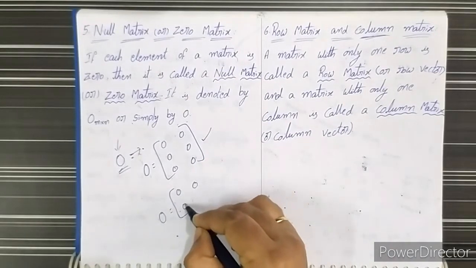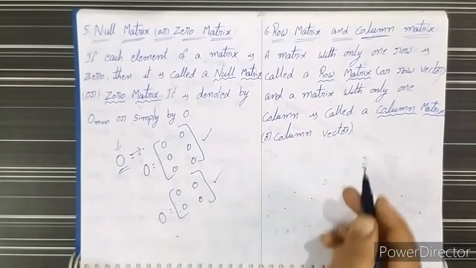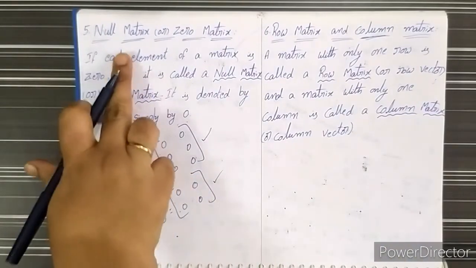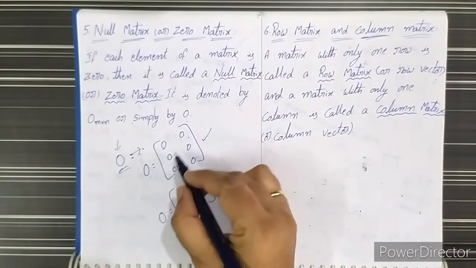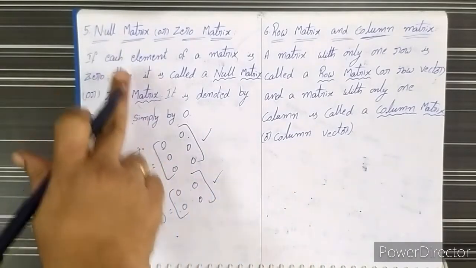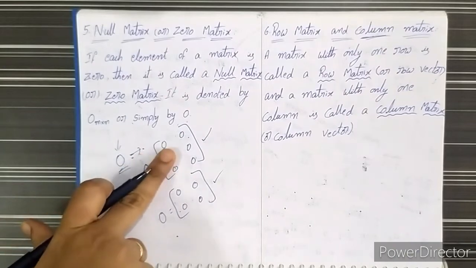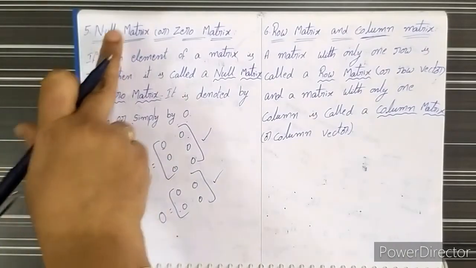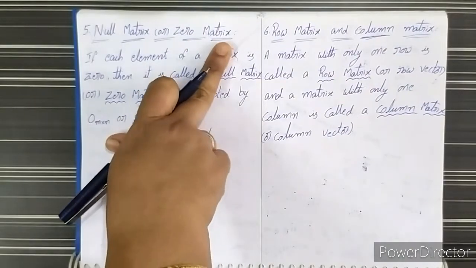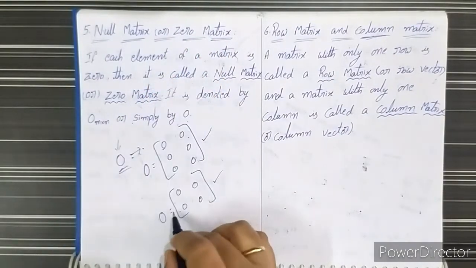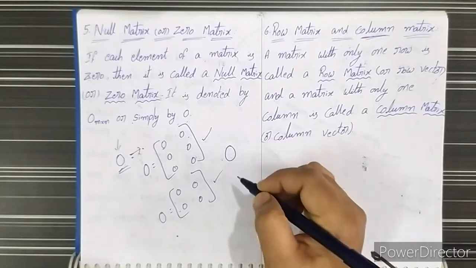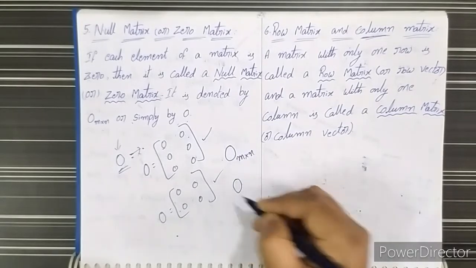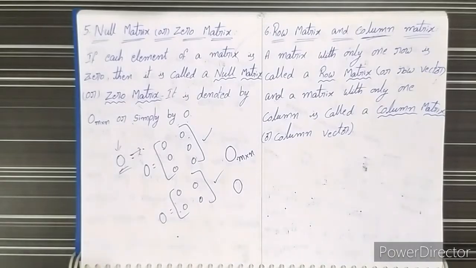This is a square matrix, but this is also a null matrix. If all the elements in the matrix are equal to 0, then that matrix is called a null matrix or zero matrix, and it is denoted by the capital letter O of order m by n, or simply O.